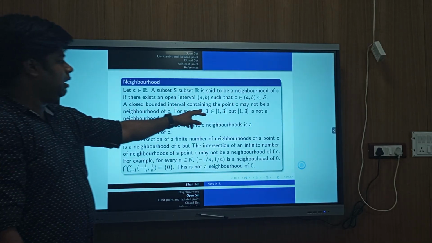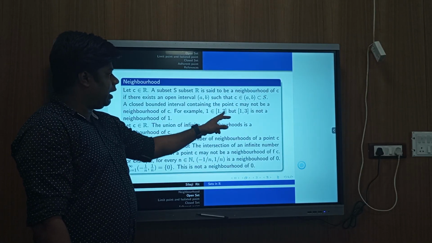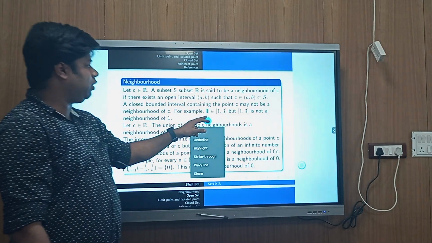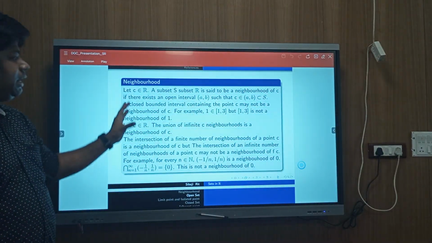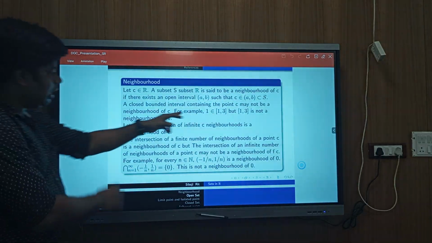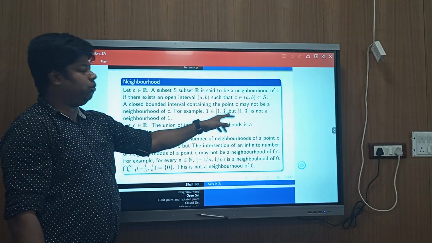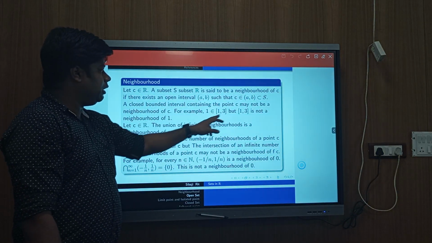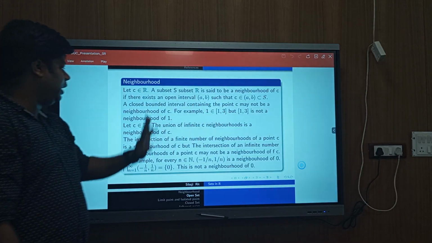For example, [1, 2] is not a neighborhood of 1 because no open interval containing 1 is a subset of the closed interval [1, 2]. So this is not a neighborhood of 1.